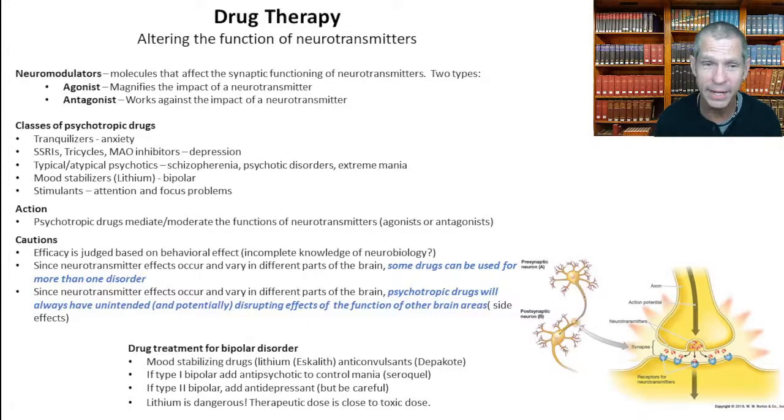If, on the other hand, you have type 2 bipolar, that means your depressed episodes are the strongest and the most severe. They're going to give you the antidepressant in order to help the sadness associated with the depressed periods. But remember, be careful using these drugs because they can be very toxic.